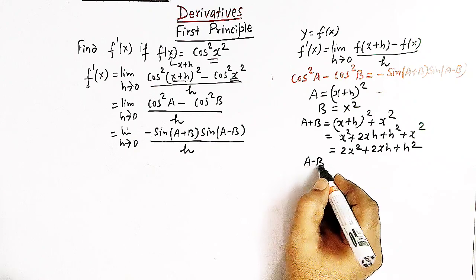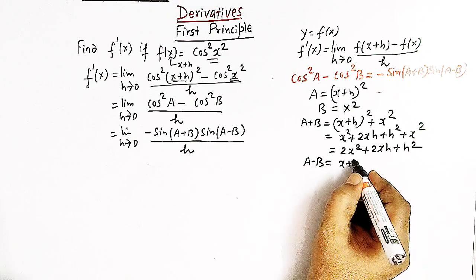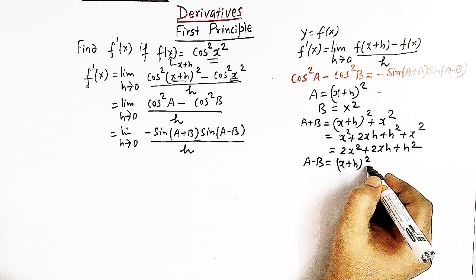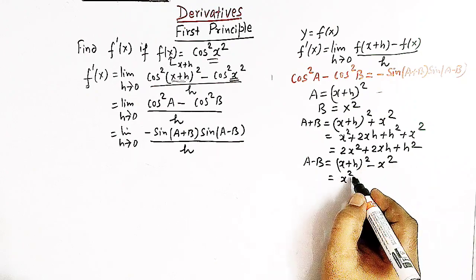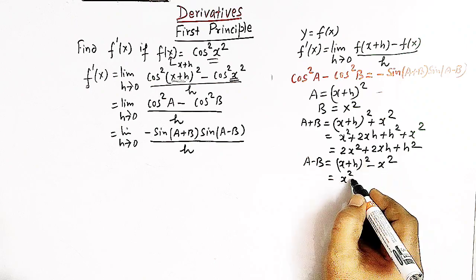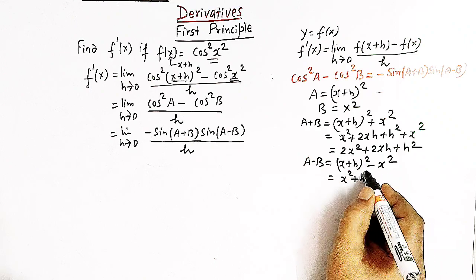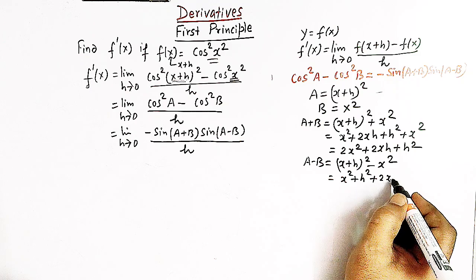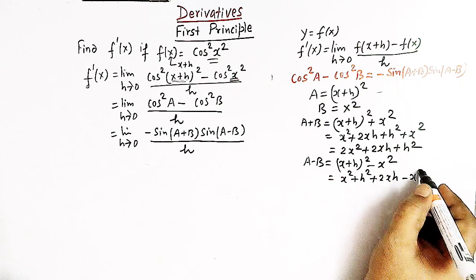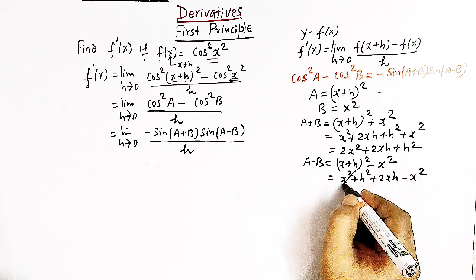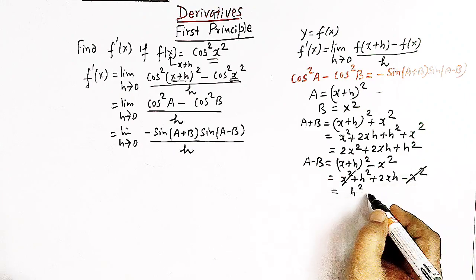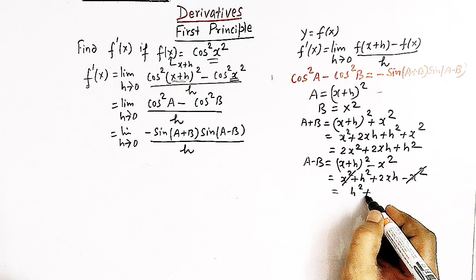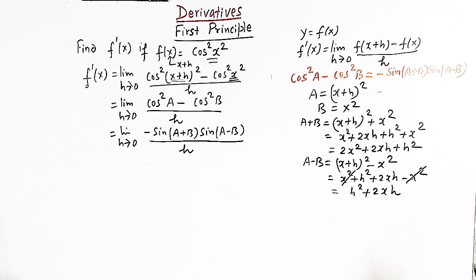We can have a minus b as x plus h square minus x square. So this is x square, a plus b square. So we have x square plus h square plus 2xh minus x square. So this term and this term get cancelled, so we are left with h square plus 2xh.